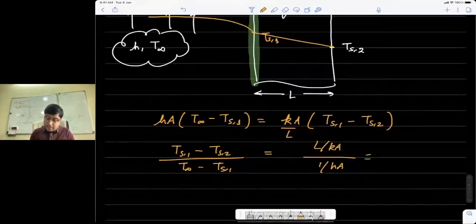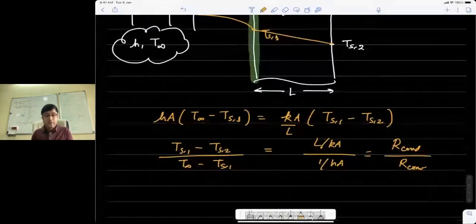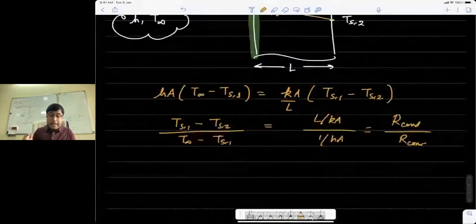Now, what are these numbers? L by kA is actually the resistance to conduction, and 1 by hA is the resistance to convection. So L by kA is the resistance to conduction in the solid. 1 by hA is the resistance to convection at the solid and the fluid interface.